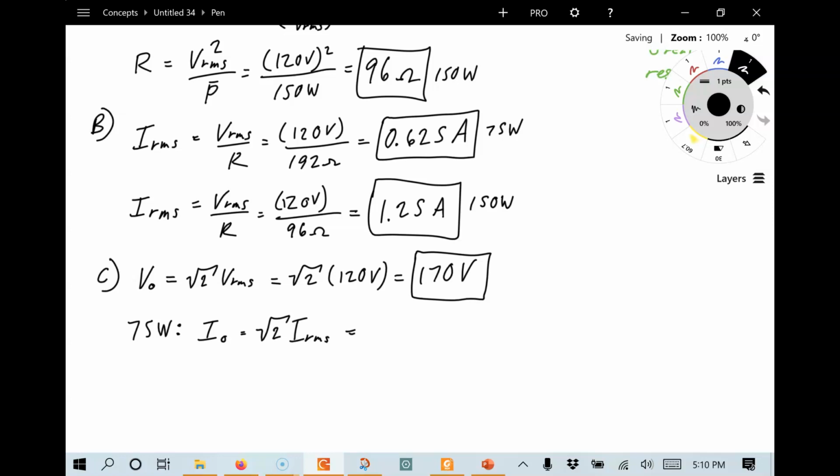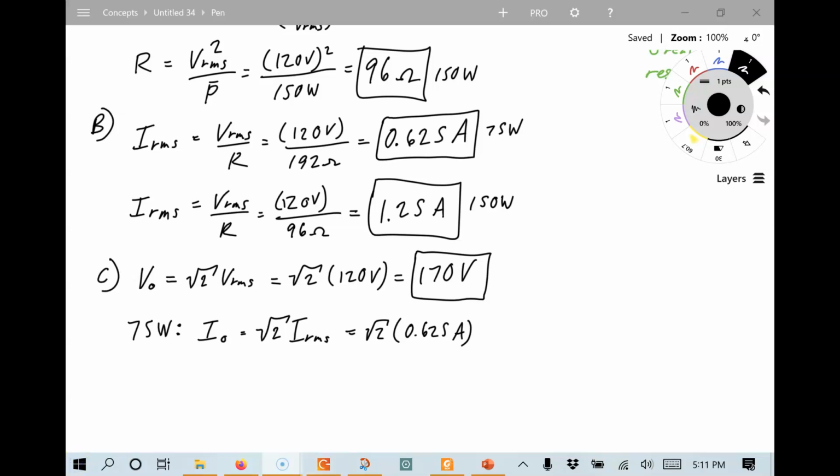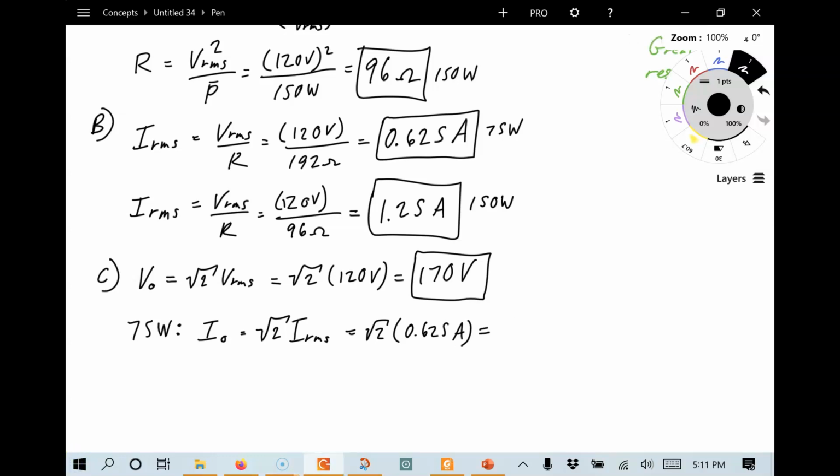And so we're going to have root 2 multiplied by 0.625 amps. That gives us a peak current of about 0.88 amps for the 75 watt bulb.